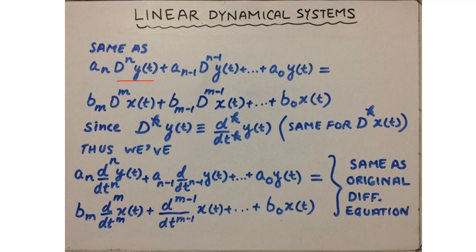Once we open these brackets and simplify, we get the same differential equation form from where we started. So all of these transformations, or all of these representations, are essentially equivalent, because they all correspond to the same differential equation, thus the same system.